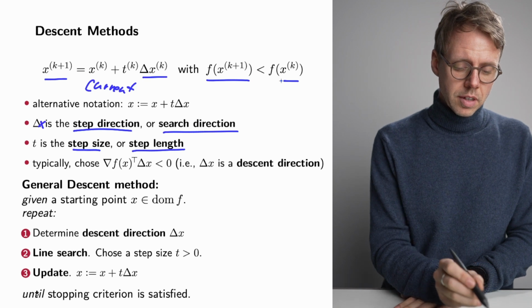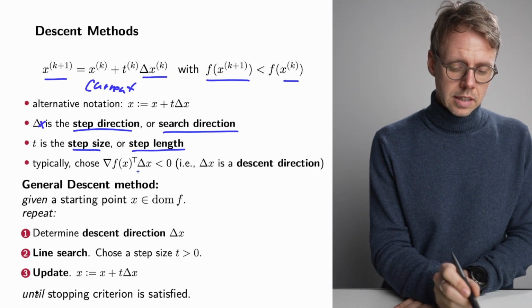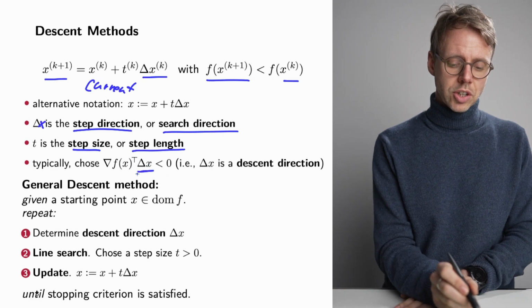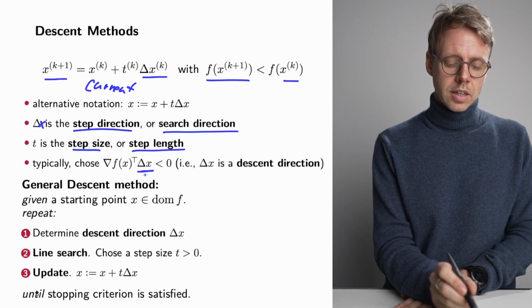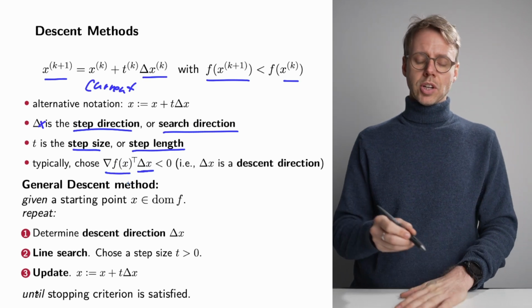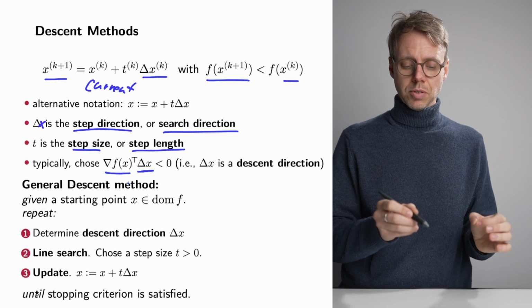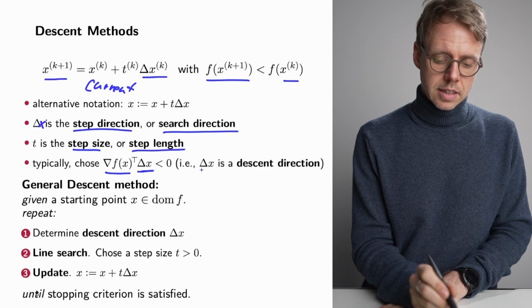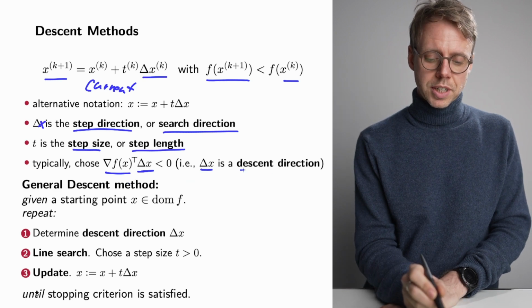Typically, the step direction or search direction is chosen such that the product of the gradient and the search direction is smaller than 0, which means that the search direction is a so-called descent direction.